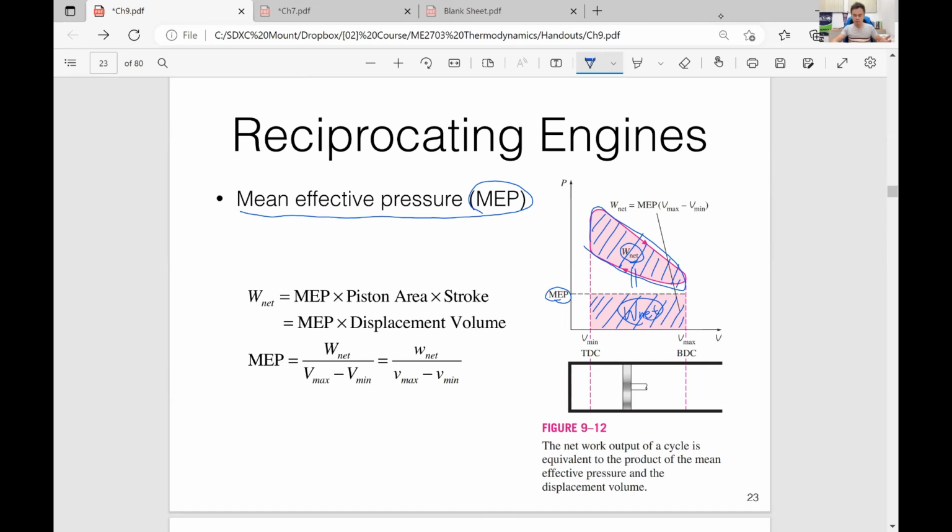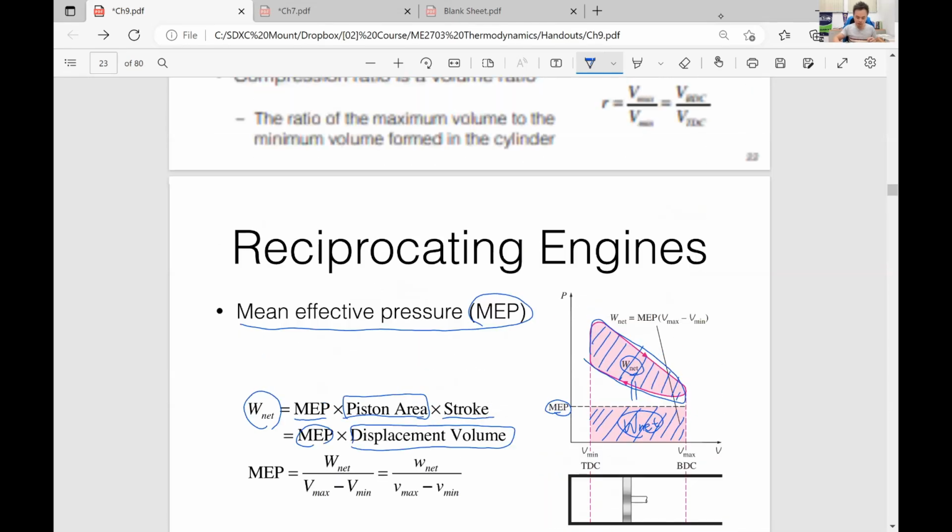You can see the net work is MEP times the piston's cross-sectional area times stroke. Stroke is the distance between TDC and BDC. So that is MEP times displacement volume, right?